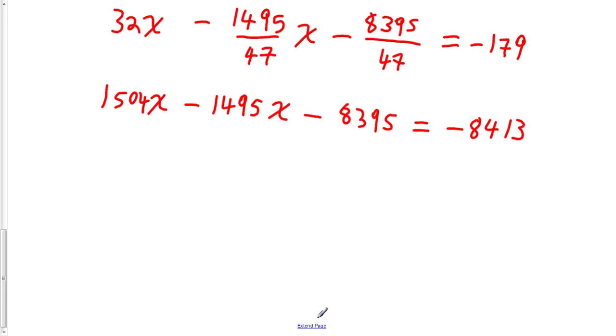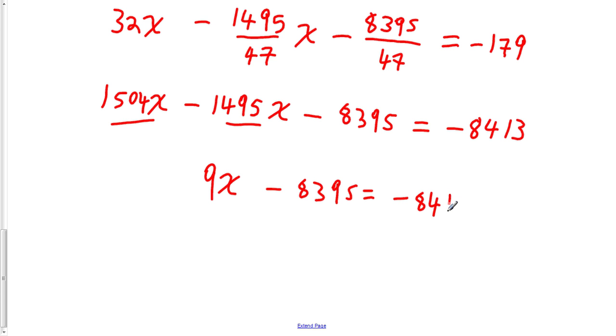Now I'm going to combine like terms. The 1,504 minus the 1,495, x is just 9x when I combine these two. And I get 9x minus 8,395 is equal to negative 8,413.